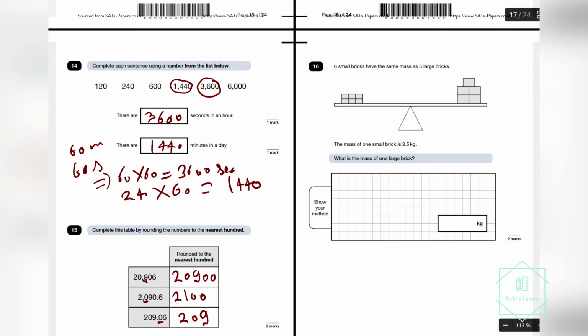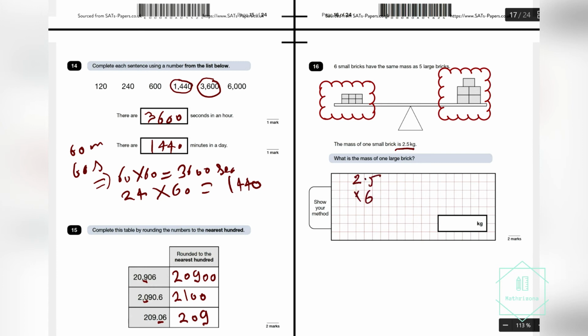6 small bricks have the same mass as 5 large bricks. So it's saying that these small bricks, 1, 2, 3, 4, 5, 6, have the same mass as these 5 large bricks. The mass of one small brick is 2.5 kg. What is the mass of one large brick? First we will calculate the mass of all the small bricks. One small brick's weight is 2.5.